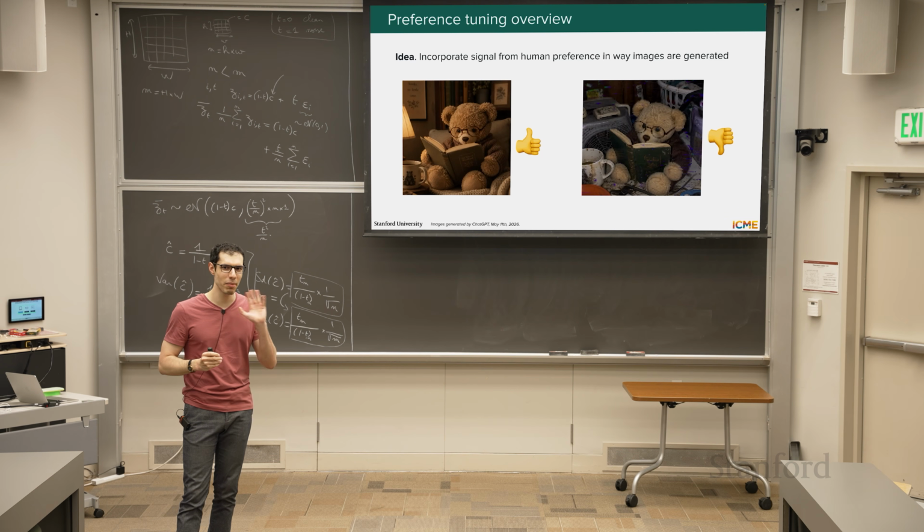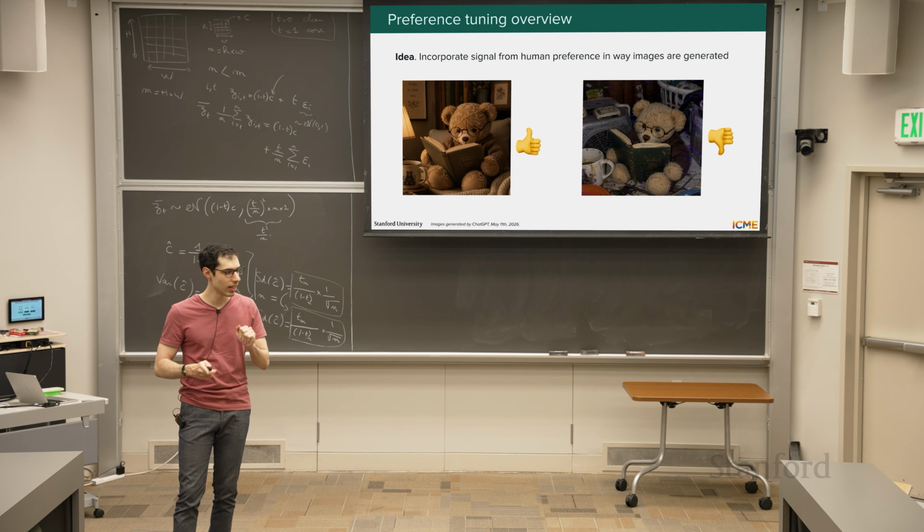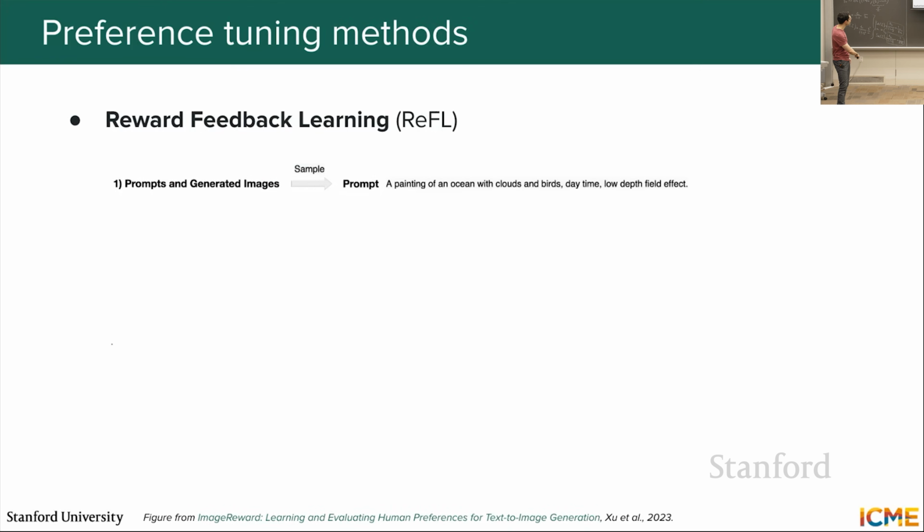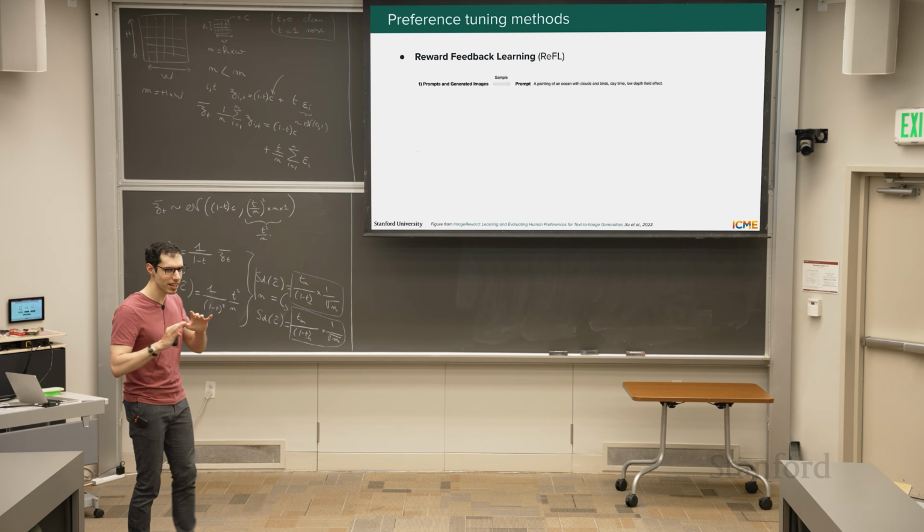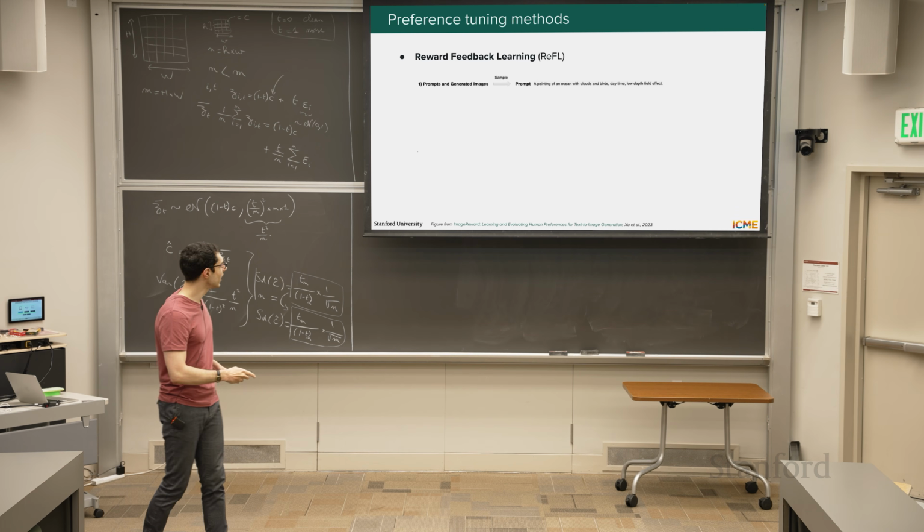And that is something that I'm going to show you in the slides that will follow. So the first method that is around tuning your model to incentivize generating images that are more aligned with human preferences is a method called reward feedback learning. So I'll go step by step into what that does.